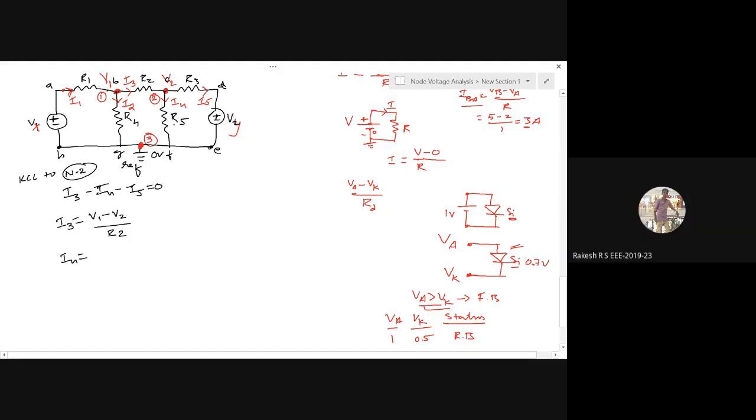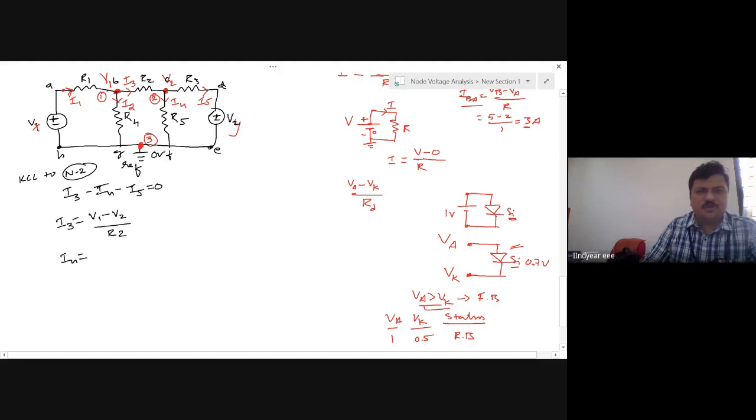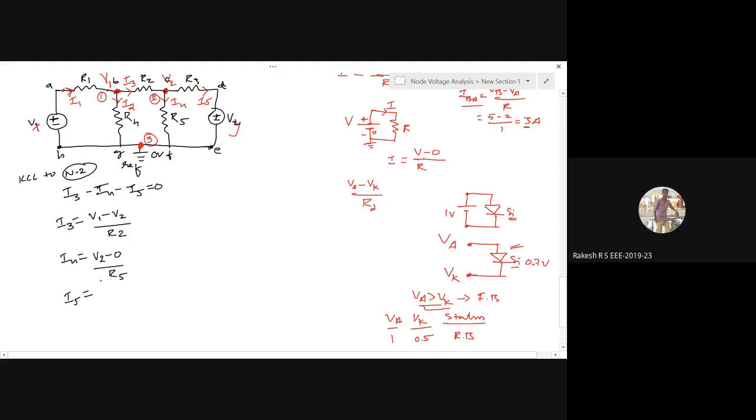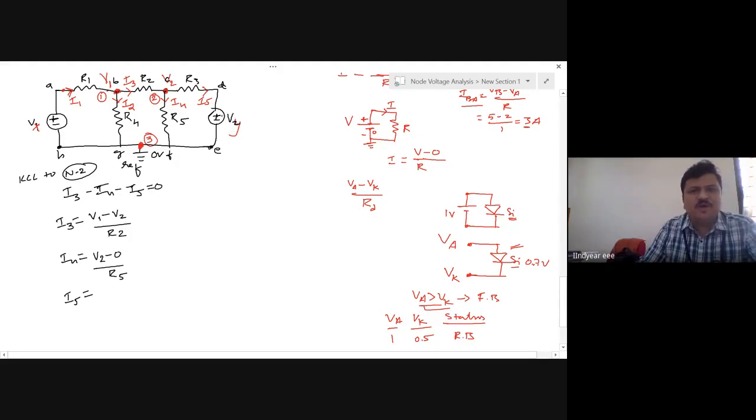Then what is I4? The current in R5. R5 is between V2 and reference. So therefore it is V2 minus 0 by R5. Okay. Then what is I5? It is flowing from V2 to Vy. So what assumption made here is V2 is at higher potential point with respect to Vy.